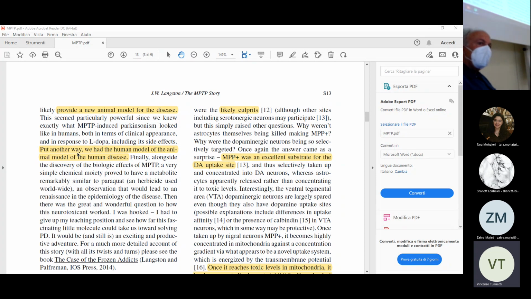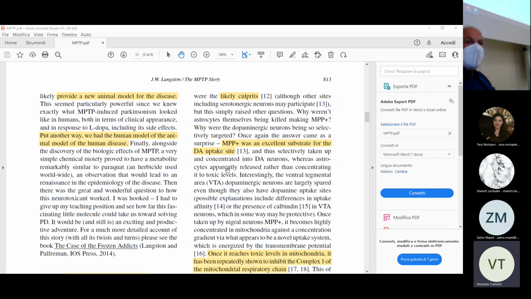And in particular, they had in that time an animal model of the human disease. So really, it was an important discovery to have a selective toxin only towards the dopamine neurons. They discovered also that MPP plus was an excellent substrate for the dopamine uptake site, you see.